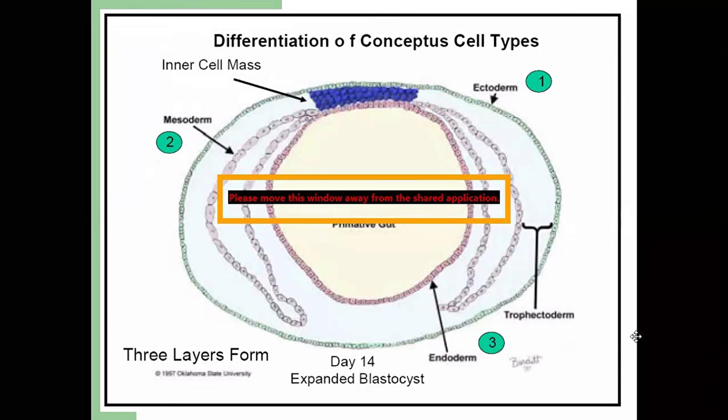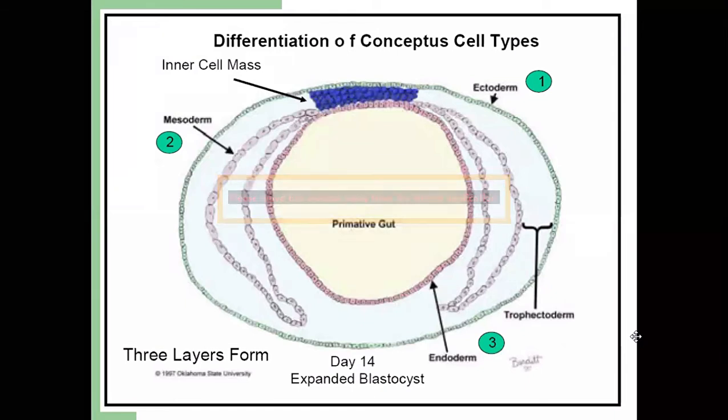So this is just a diagram of gastrulation, the formation of the germ layers. Outward, you have the ectoderm, then next will be the mesoderm, and the inside will be the endoderm, okay?